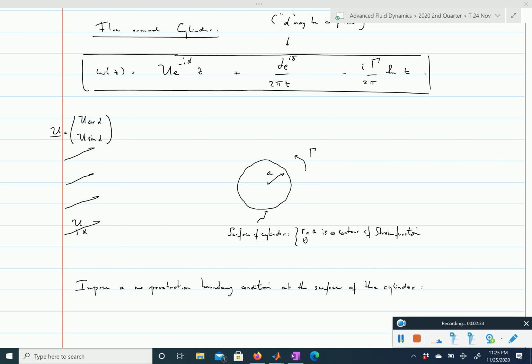Another way of saying that is that psi, our stream function, on the surface of the cylinder, so for r equals a and any theta, has to be equal to a constant.